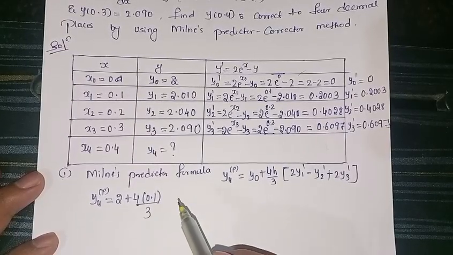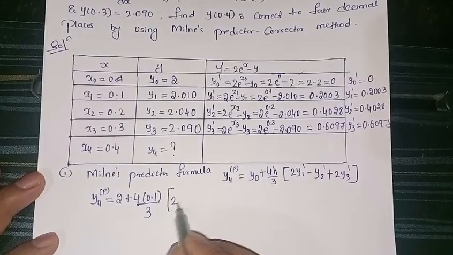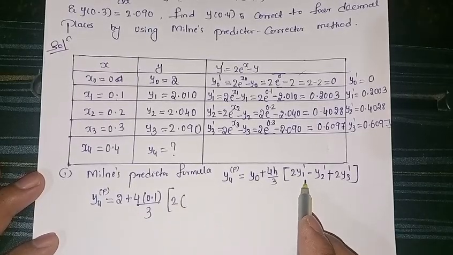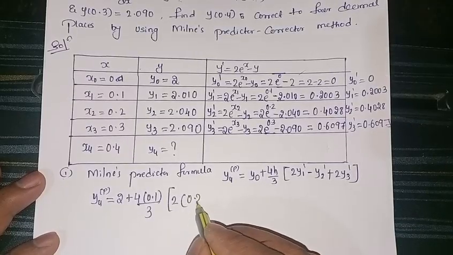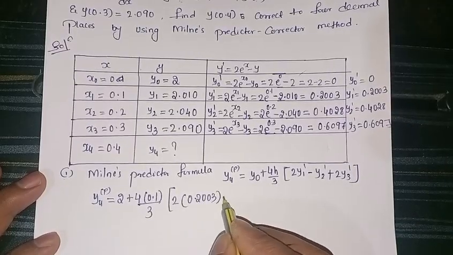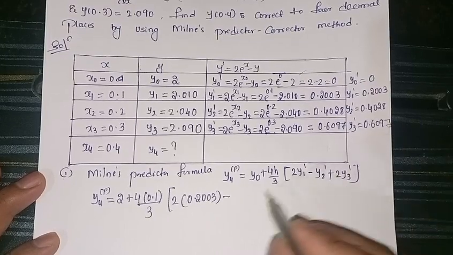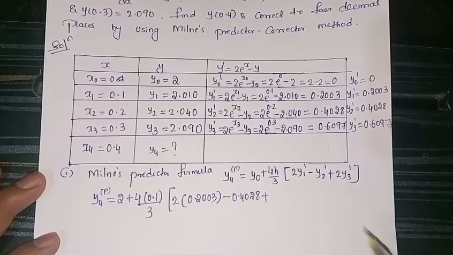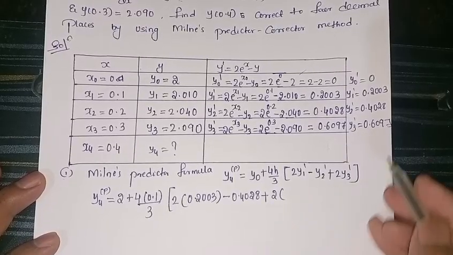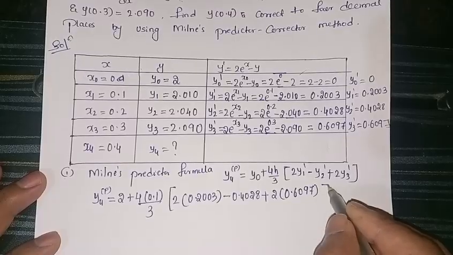Divided by 3 into 2 times y1 dash. So where is y1 dash? Here, 0.2003, minus y2 dash. y2 dash is 0.4028, plus 2 y3 dash. y3 dash is what? 0.6097.